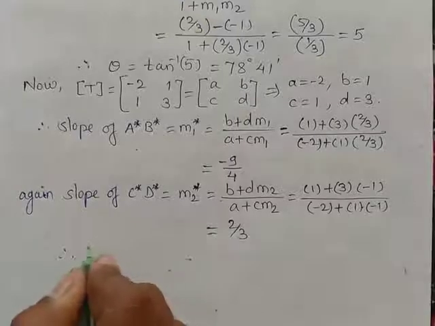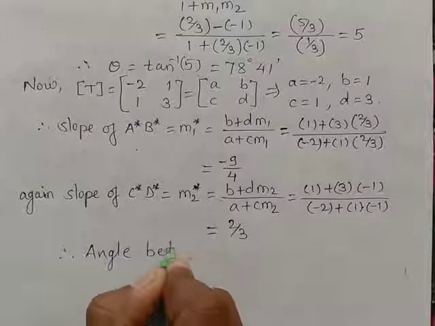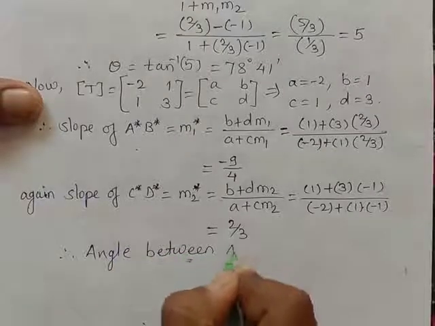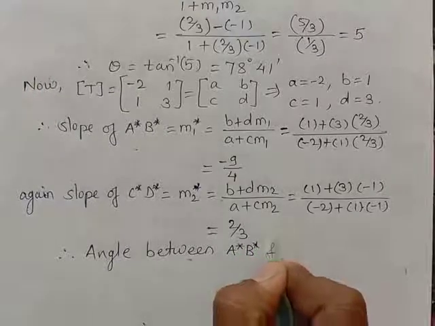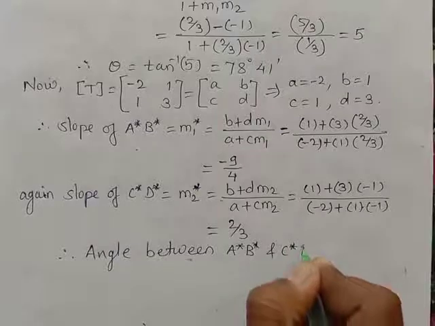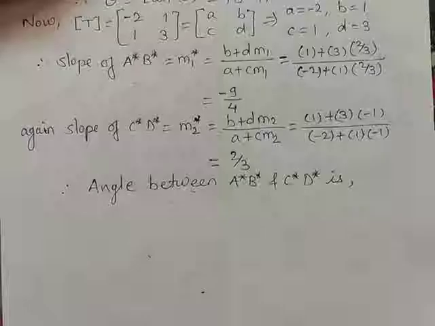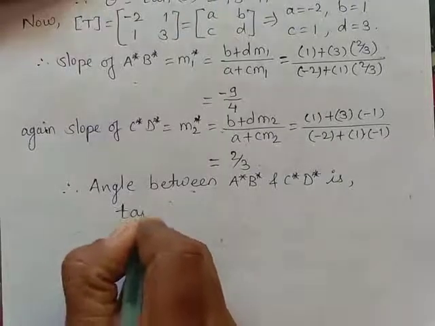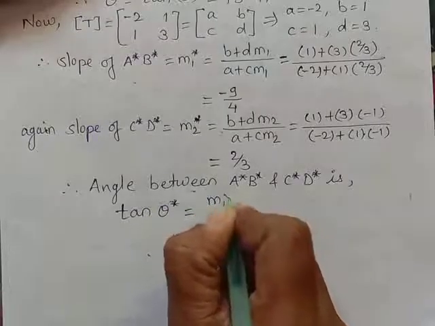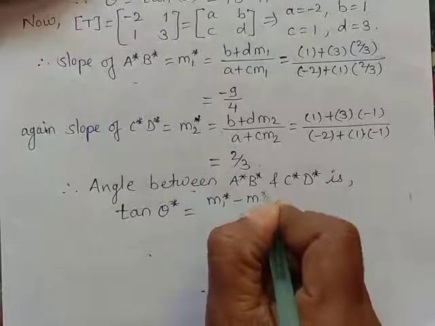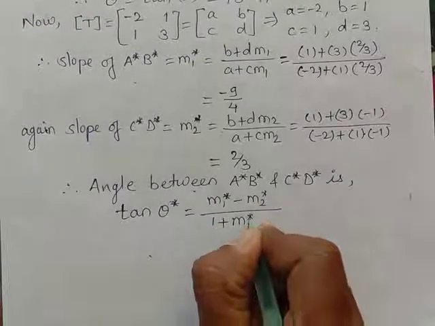Therefore, angle between A star B star and C star D star is tan of theta star equal to (M1 star minus M2 star) upon (1 plus M1 star M2 star).